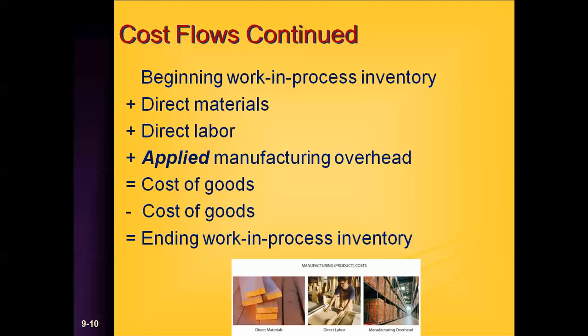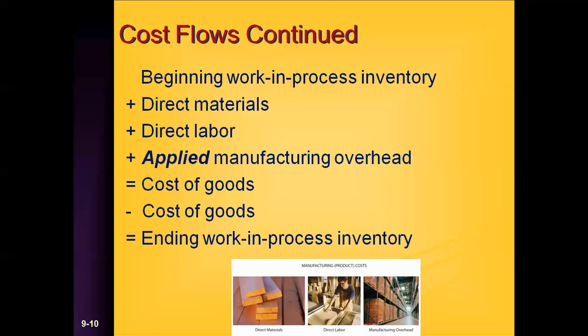Then that would equal the cost of goods that are defined as in process, and then you would subtract the cost of goods manufactured, or actually the cost of goods that have been finished, and that would give you your ending balance of WIP or work in process inventory.